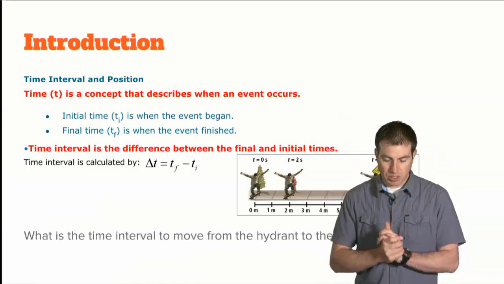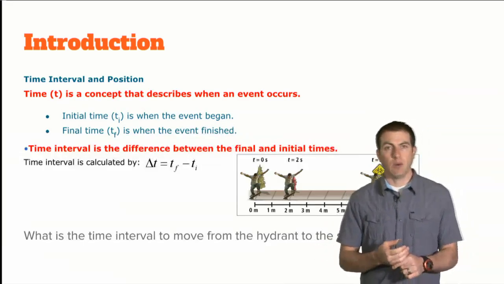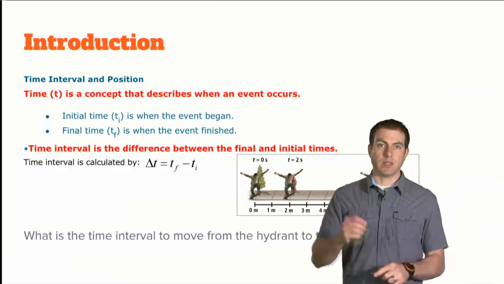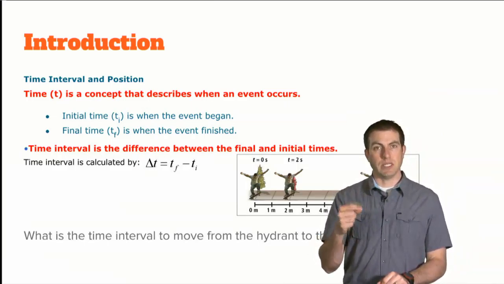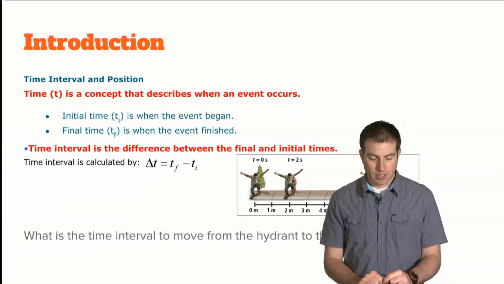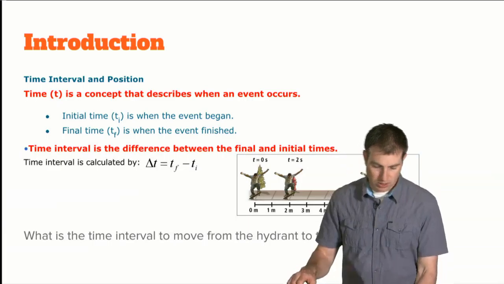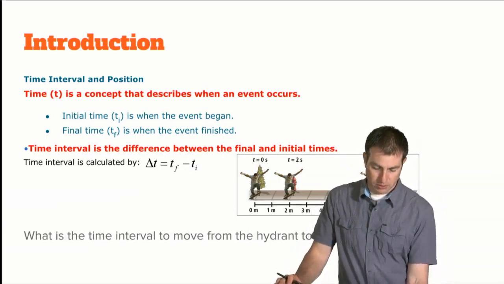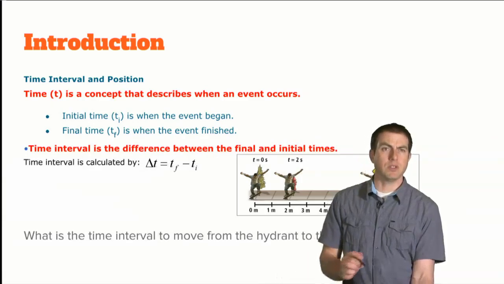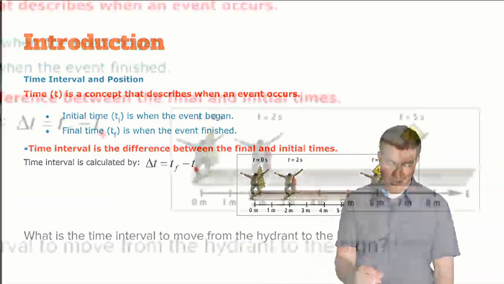So initial time is when an event begins, and then final time is when an event ends. Now we use these little i's and little f's, they're subscripts. Ti is the initial time and tf is the final time. If you continue on and take physics with me next year, sometimes textbooks and teachers won't use i for the initial.